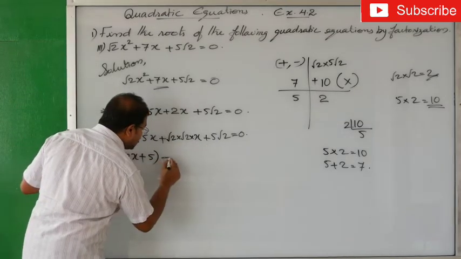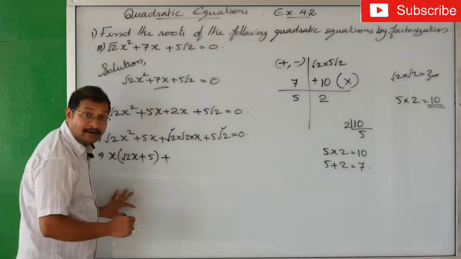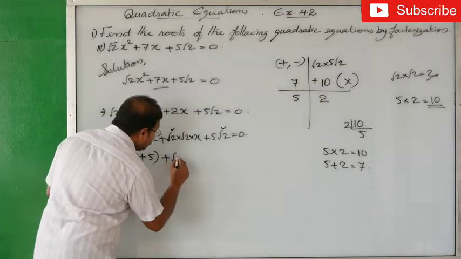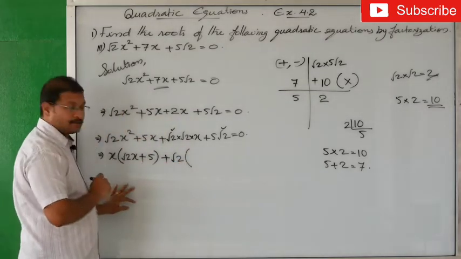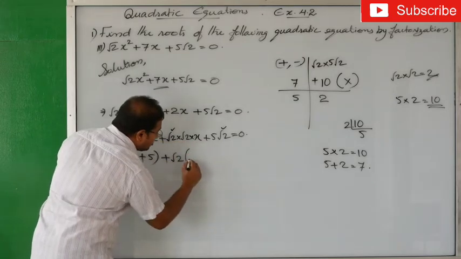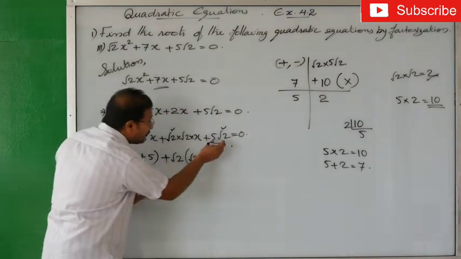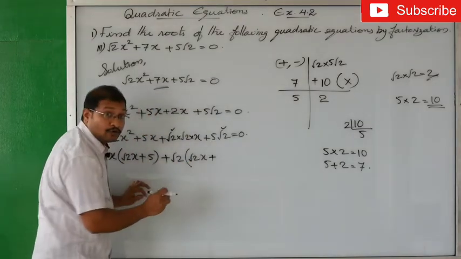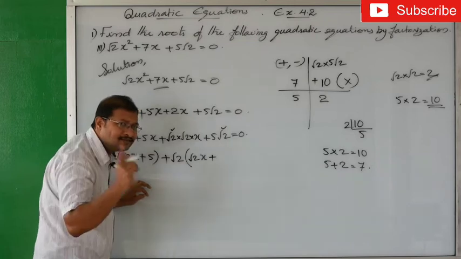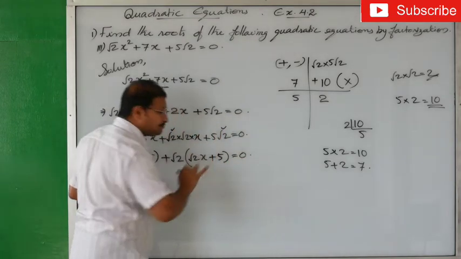From these two, see plus, root 2 will be taken common. Root 2 bracket. See, root 2 we took from here. What is the balance? Root 2x. Root 2x plus, see from 5 root 2 we took root 2 outside. What is the balance? 5 equal to 0.